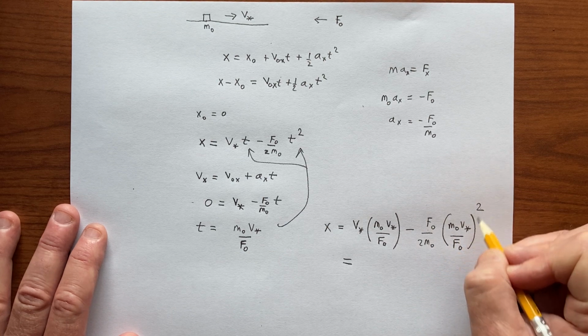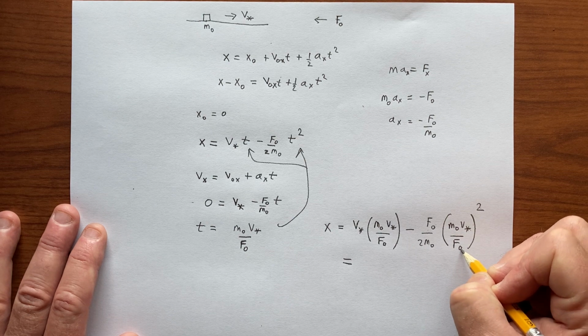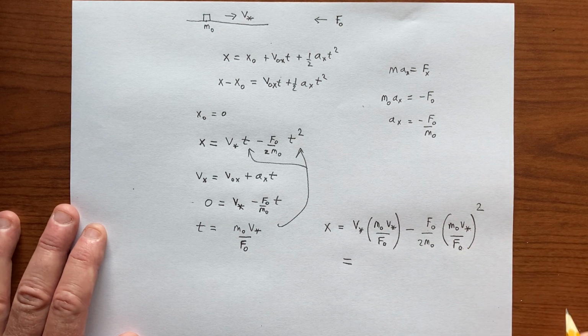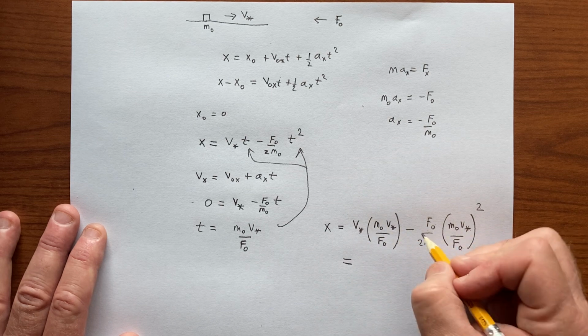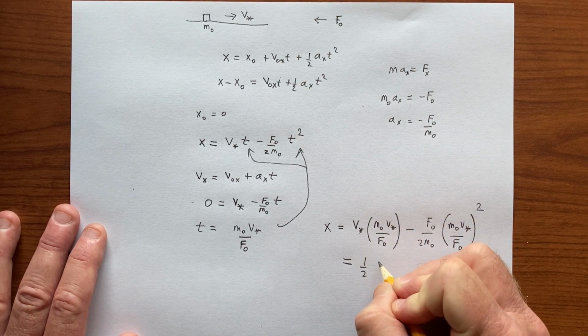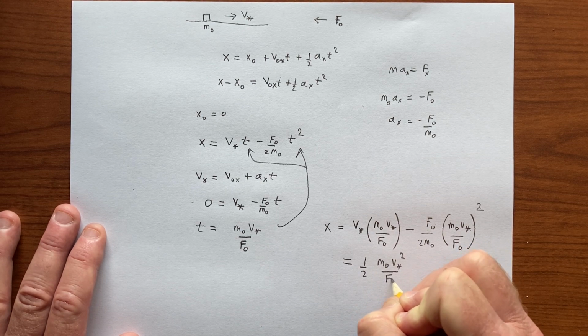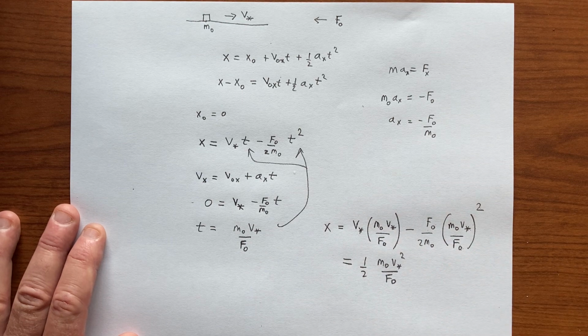We have a v star squared that survives. We have an f naught here and an f naught squared on the bottom, so we get an f naught on the bottom. And so we get something minus half of that quantity, and so we get 1/2 m naught v star squared over f naught. That's how far the object travels.